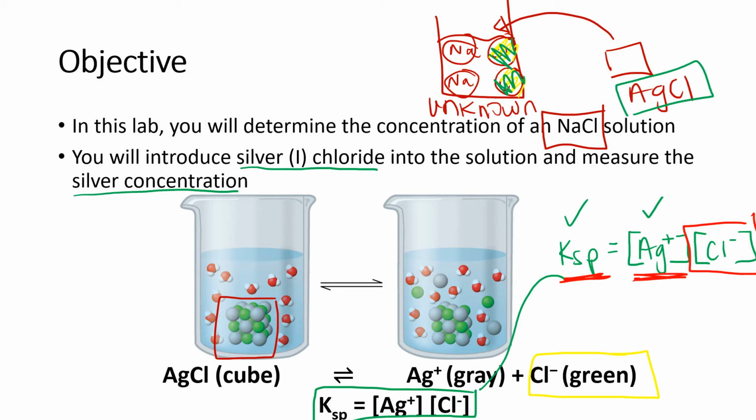This right here you'll record from the lab, and basically what we have here is an inverse relationship. So for KSPs, the number stays the same. If one of these goes up, so let's say for example Ag, the concentration goes down, that means that this one went up.